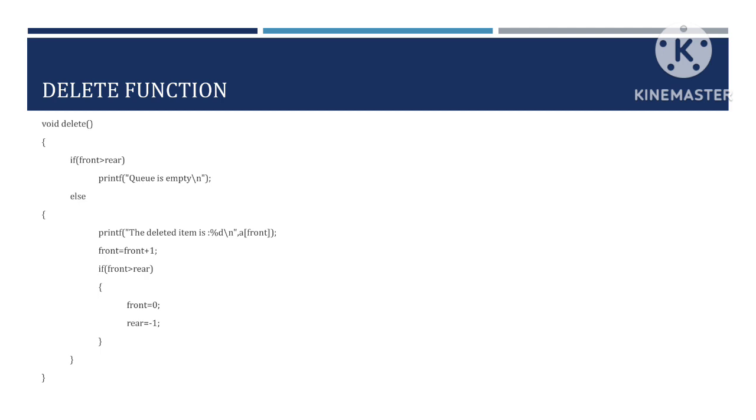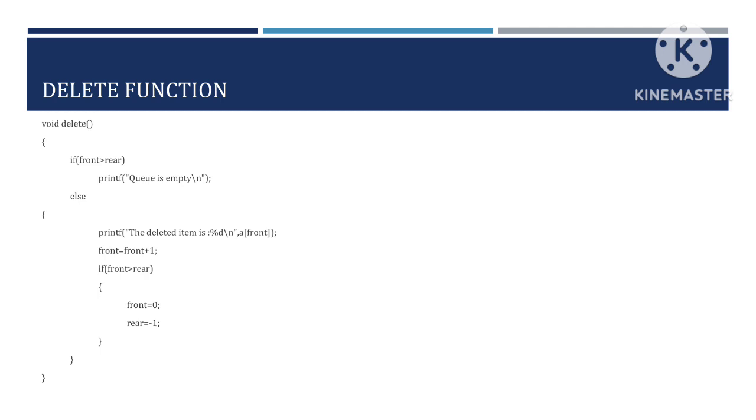Once it is printed, the front is immediately incremented by 1. So after front is incremented, we again check whether that front is greater than rear or not. If front is greater than rear, we initialize the default value of front and rear.